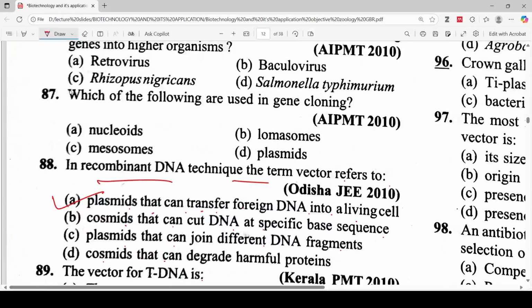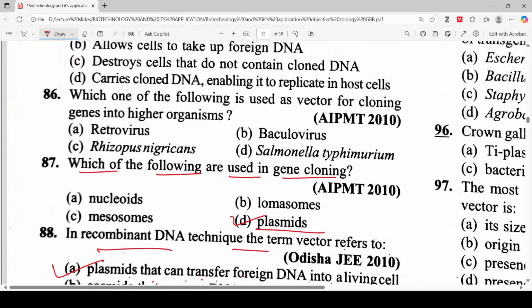So, next question. Which of the following are used in gene cloning? Nucleoids, mesosomes, lomasomes, and plasmids. So the correct answer is option D, plasmids. Next question.